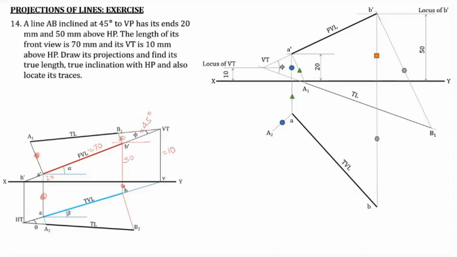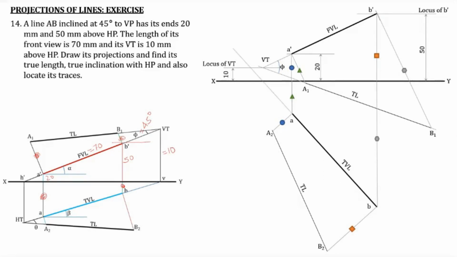Similarly, the distance of B dash from XY line is taken. This is a brown square. That distance is repeated here. So now you obtain A2 as well as B2. Now join A2 with B2. Thus the true length line is obtained.